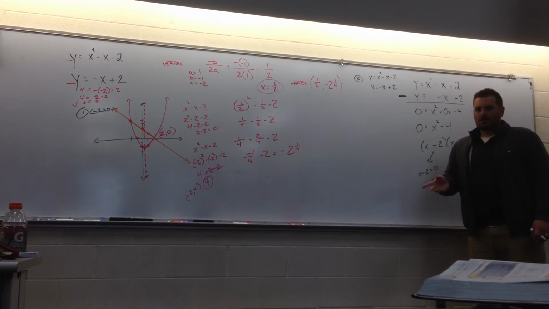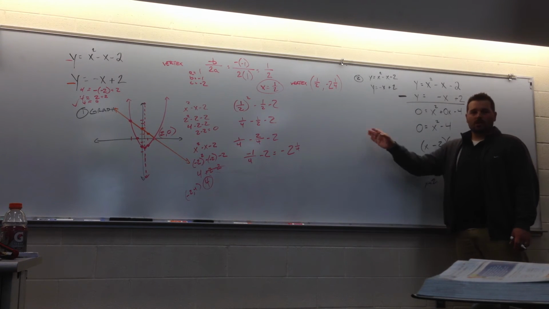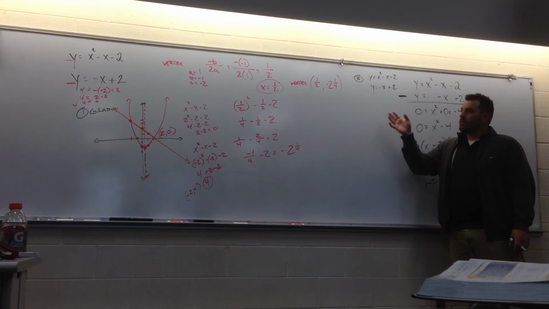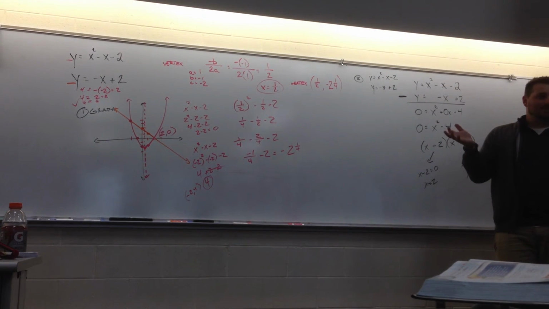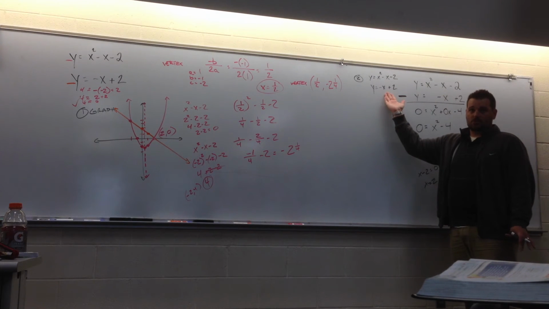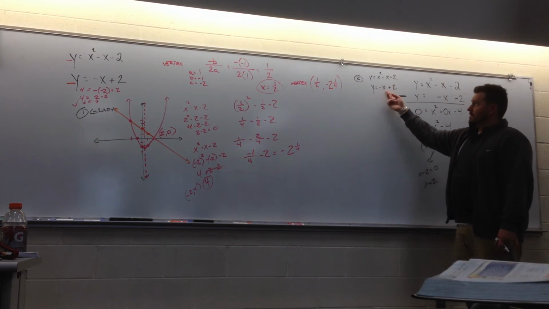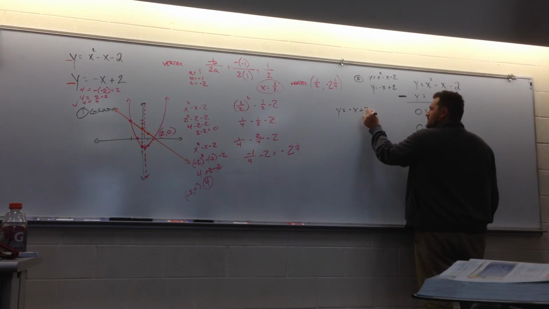Which means if the x value of 2 and of negative 2 is the point where they cross, that's going to work for both of them. So I'm going to pick the easier of the two, which would be the line, usually. In this case, y equals negative x plus 2.